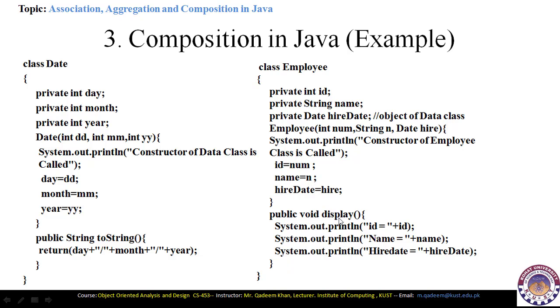Then public void display prints id, name, and hire date. Here we have defined a function that displays all this information with the concatenation operator.